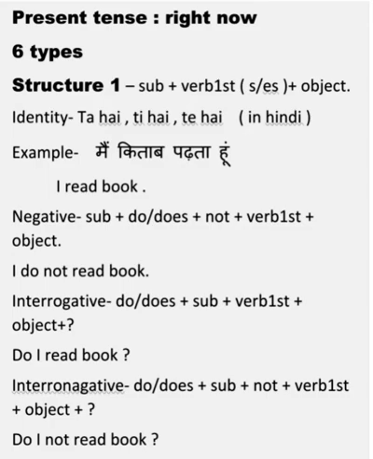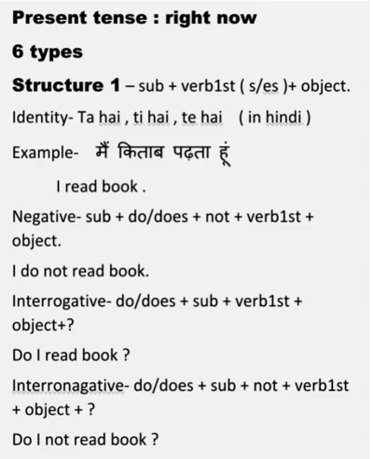Do is for a plural subject and does is for a singular subject. According to the subject, we will use do or does in a sentence. Here we have I, and we consider I plural, so we'll use do, then not, then read, and then book. So we made the sentence: I do not read book.